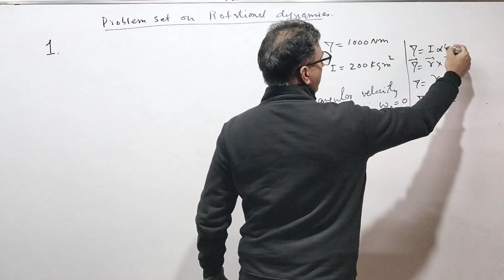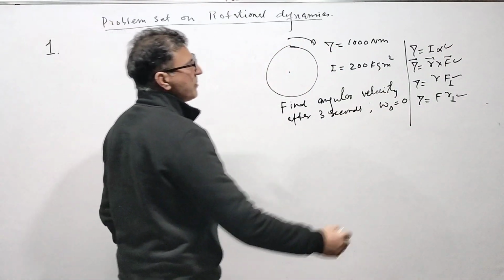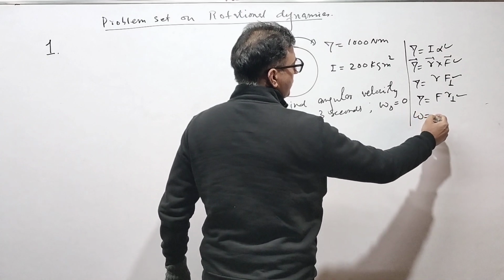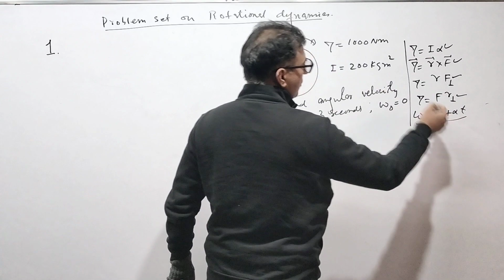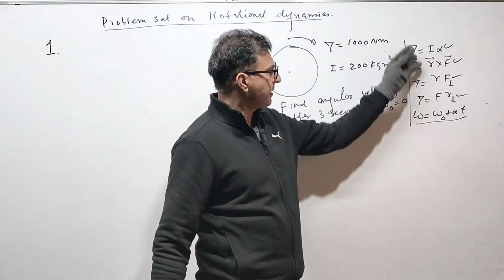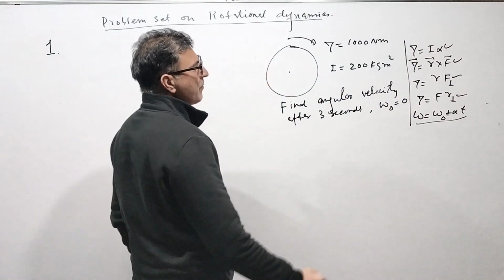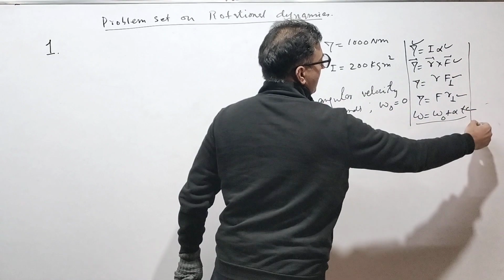These are our formulations for torque. And also we know that final angular velocity is initial angular velocity plus alpha into time. So we will try to use any of these formulas. Which formula am I going to use? The first one and the last one.